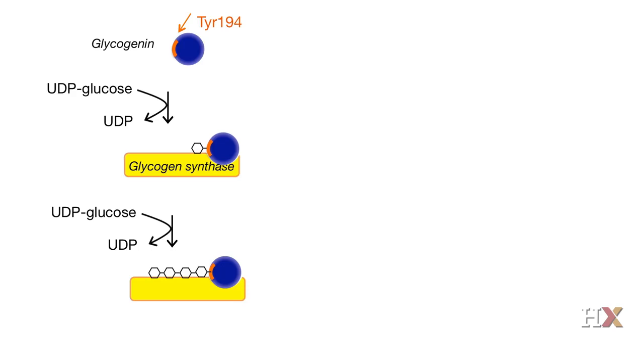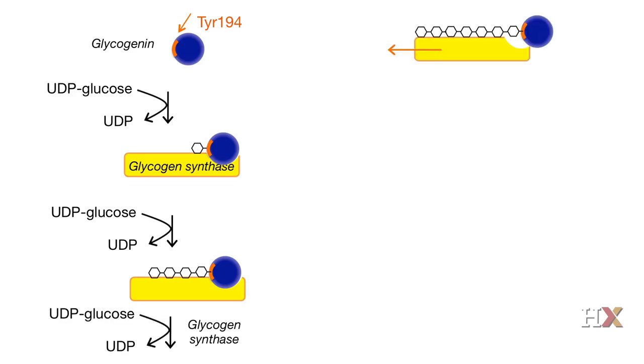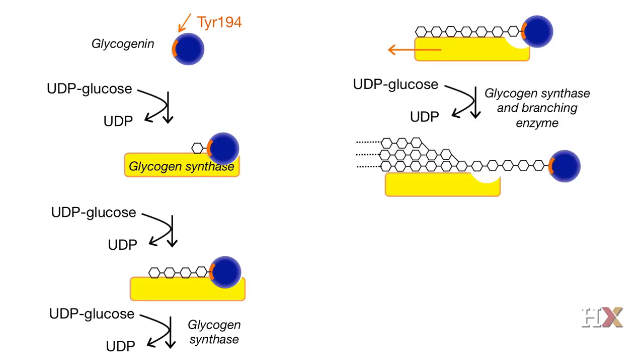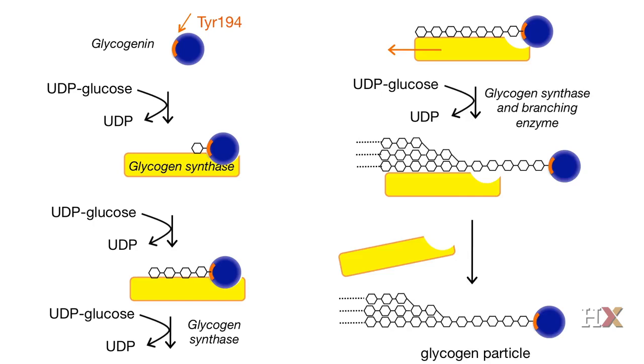Once the primer is assembled, then glycogen synthetase will take over, elongate the primer, move away from glycogenin, and then start to elongate the chain. The branching enzyme will come into play, and you will have the final organization of a glycogen molecule.